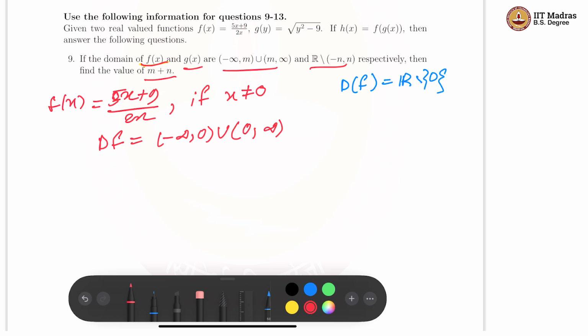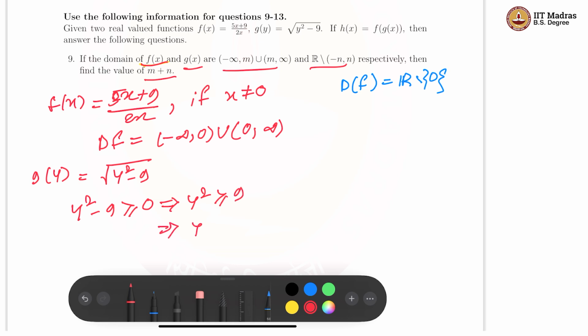Okay, so let's now calculate the domain of g. So g is the square root of y square minus 9. So we want y square minus 9 to be non-negative, right? Hence y square will be greater than or equal to 9. That means either y will be greater than or equal to 3 or y will be less than or equal to minus 3.